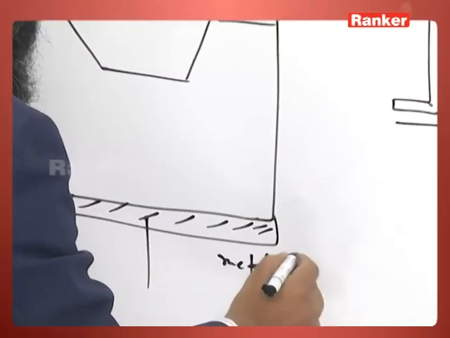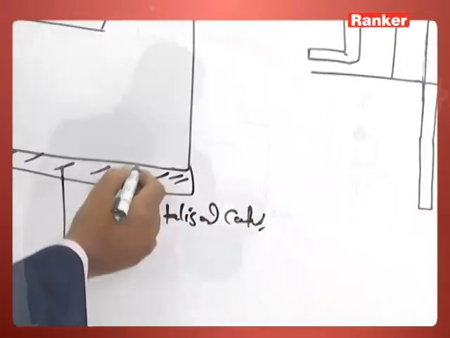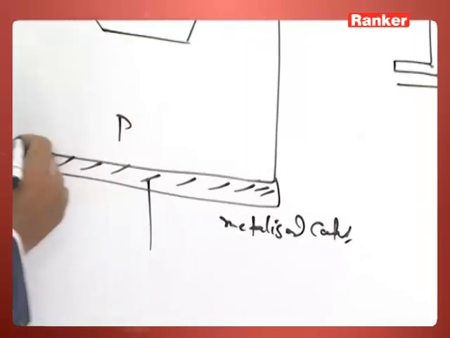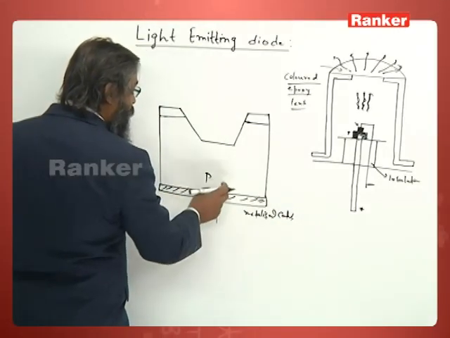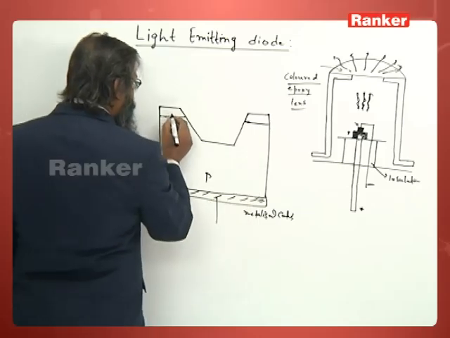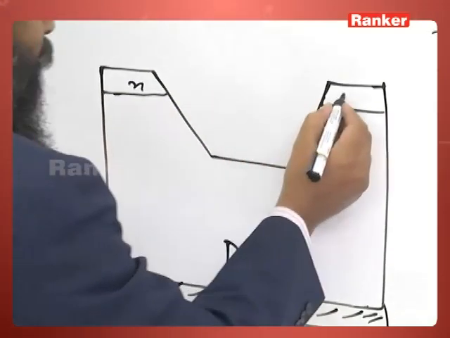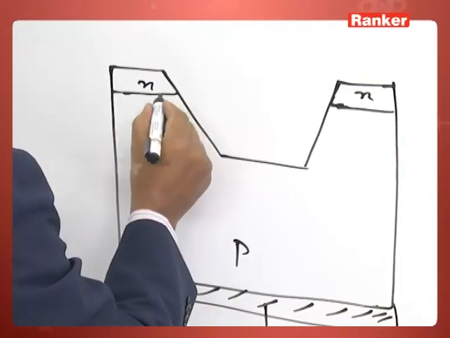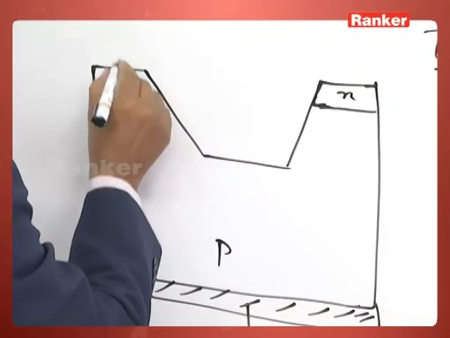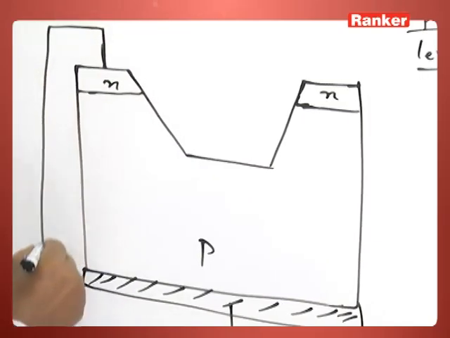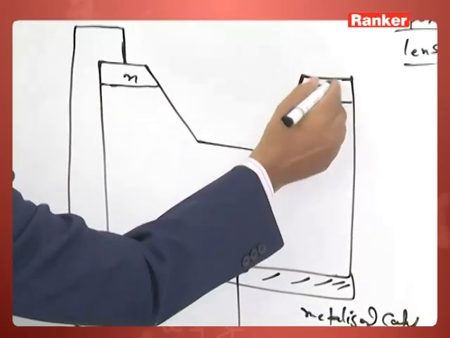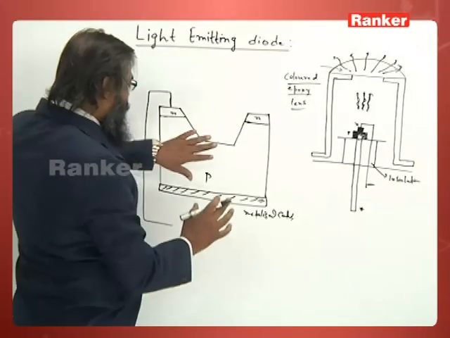This is connected to the P type, so there is a metal contact. This is again N type, and here we have a contact. I am just drawing a cross sectional view.